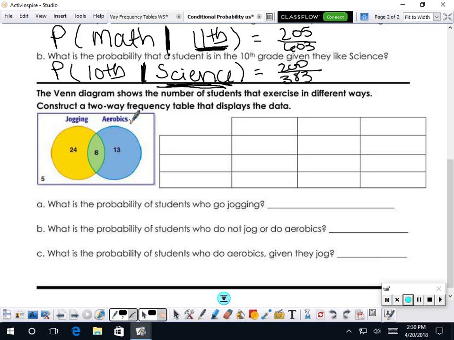Those are my two categories. Okay, so on the side here, I'm going to put jog or no jog. Across the top, I'm going to do aerobics and no aerobics. And then I have my totals.